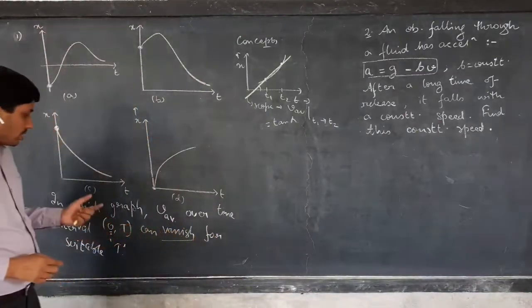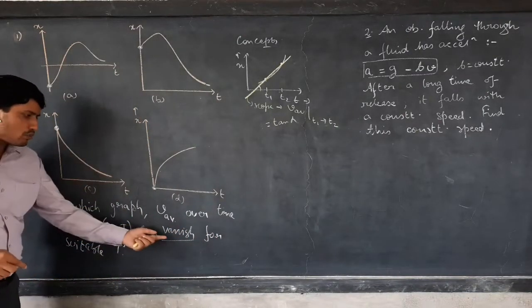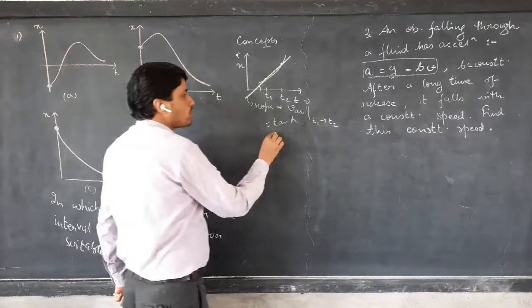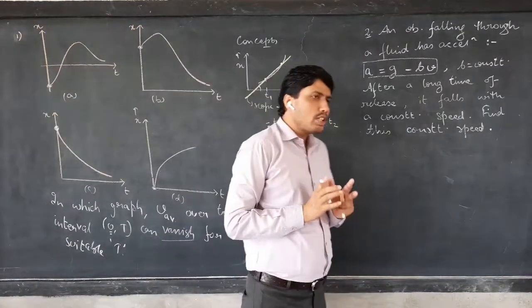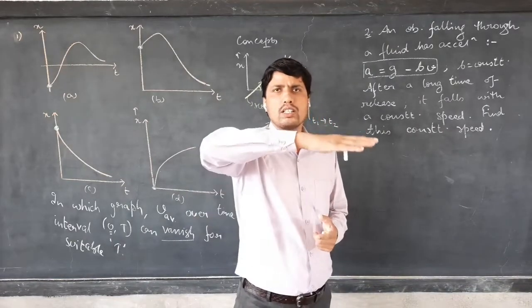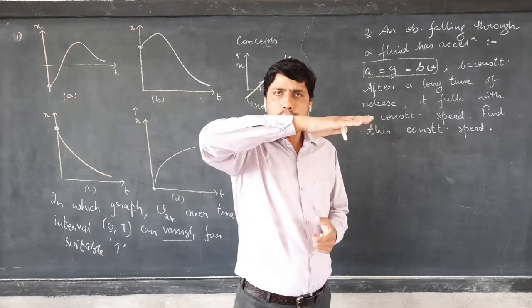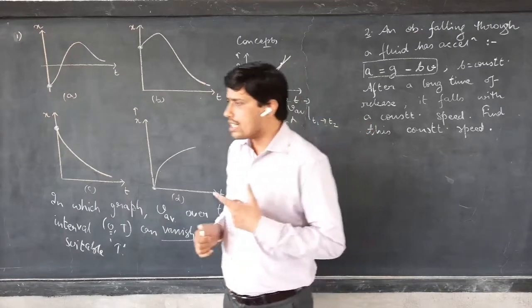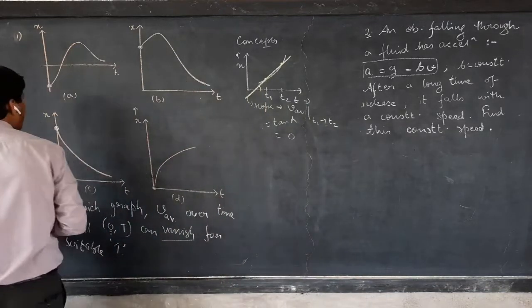Now it is asked that the average velocity should vanish. That means this slope should be 0. The average velocity will be 0 if this slope is 0, and you know slope is 0 means the line should be parallel to the time axis. It should not make some inclined angle with the time axis.